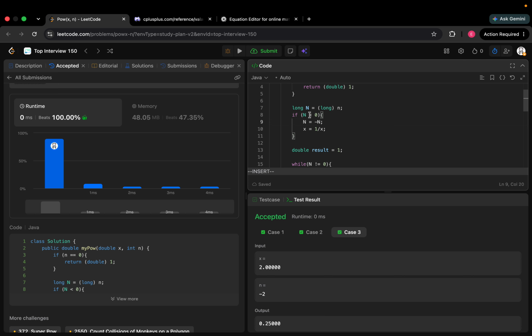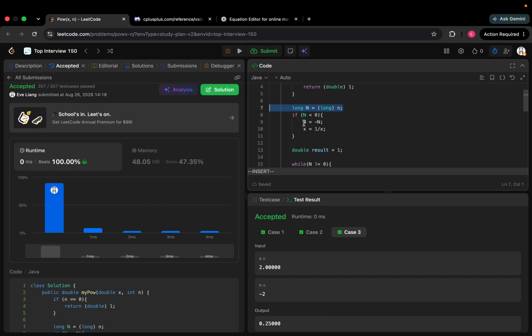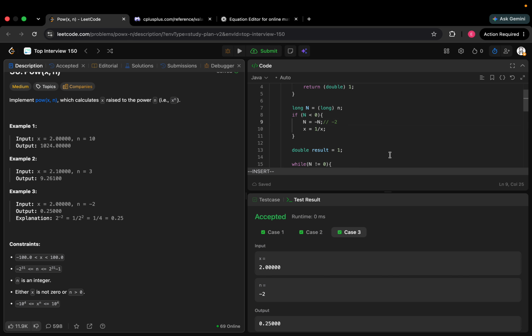But if we do this before, then it will satisfy it. The original is something here, and I think for a negative, the range is larger than the positive. So previously, when minus something was translated to the positive one, it would be out of the boundary. That's why the last case did not pass. Yeah, thank you.